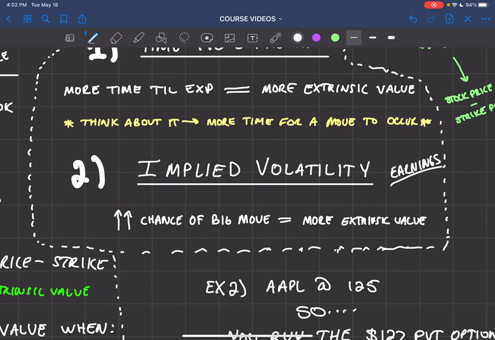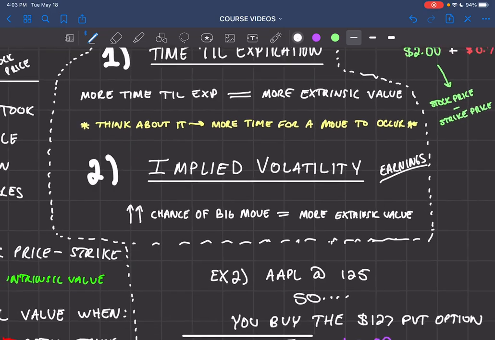A lot of times when a company has earnings, there's a lot of speculation about what could happen. Think about some of the earnings calls you've seen, and the stock jumps $10, $20 in one night. This all relates to implied volatility. So if there's an earnings call coming up, there's a bigger chance that there could be a big move in either direction, so there's more extrinsic value.